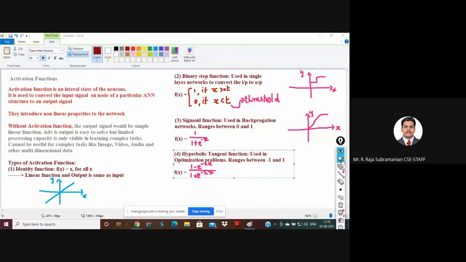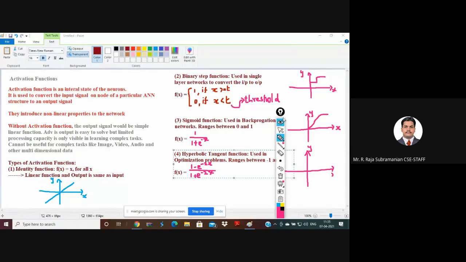So the curve will be like the sigmoidal one, but the only difference is it can also pass into the negative quadrant, the third quadrant. On the y axis and x axis, it passes as an S curve over the origin. So this is how the tangent function behaves, right?